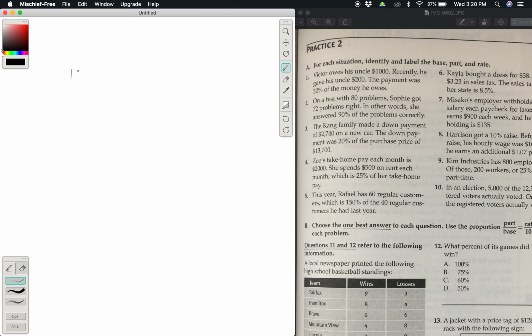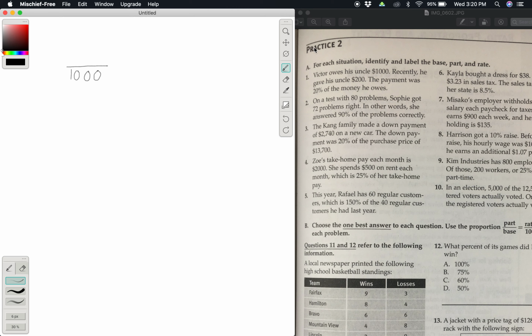The fact that he owes his uncle $1,000 to begin with, regardless of how much he pays off, will always be the same. Maybe he'll pay 200 off, then he'll only owe 800, but originally he borrowed 1,000. So that's the base. It's the foundation that won't change. You can think of it that way.